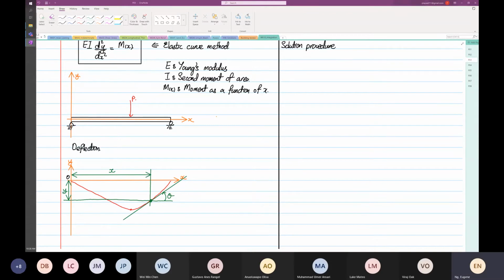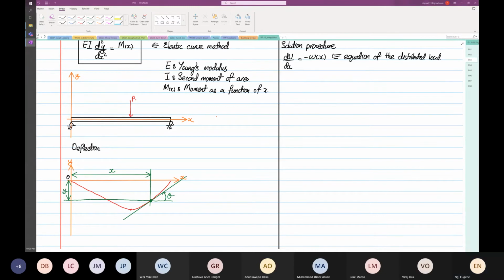So we have dV by dx is equal to minus omega as a function of x. We still need to identify the equation of the distributed load.